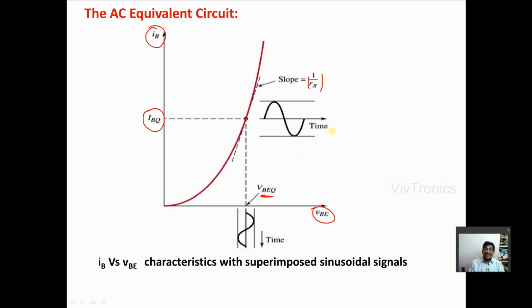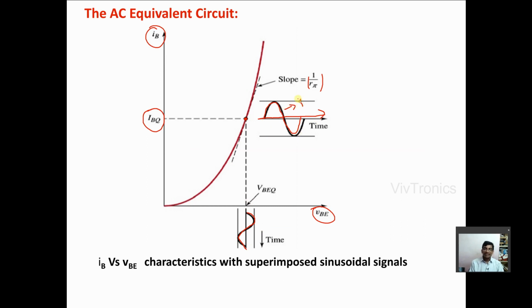Here, when we apply some DC voltage at the input side, between the base and emitter, this voltage will develop some DC current IBQ across the base terminal, and here IBQ is the reference for this AC base current.